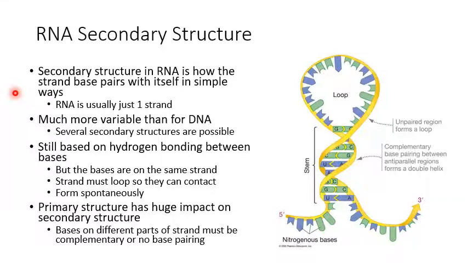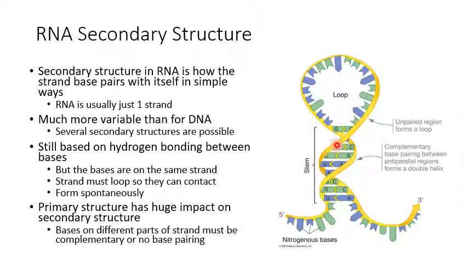Since the secondary structure is going to be based on hydrogen bonding, or base pairing, between sections of the strand that are complementary to each other, that means that it's basically determined by the primary structure. So in order to have this stem structure forming in the RNA, you have to have these two sections of the RNA having a specific primary structure that's going to be complementary.